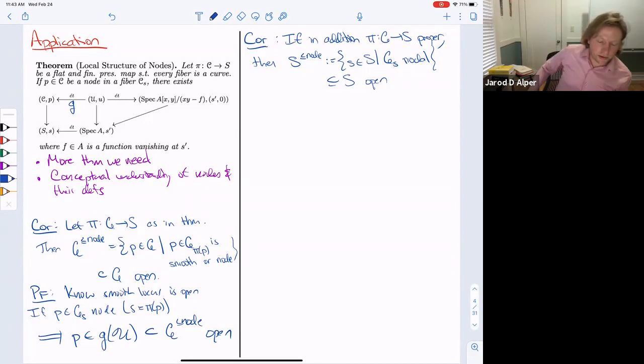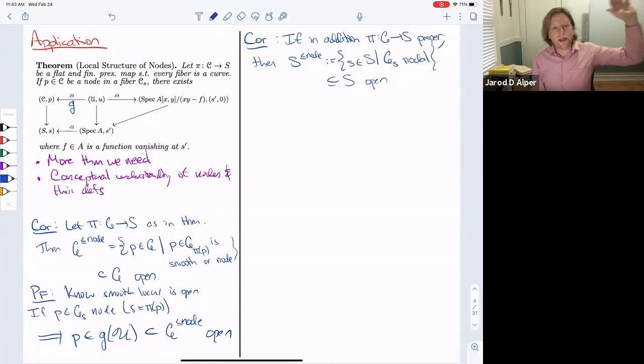All right, so the theorem gives us much more, but in particular it implies openness of the nodal locus in the total family C.